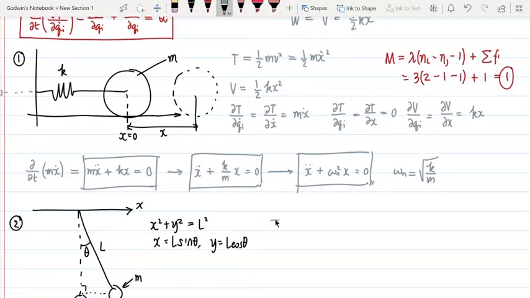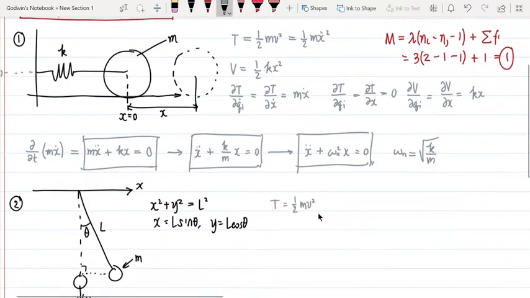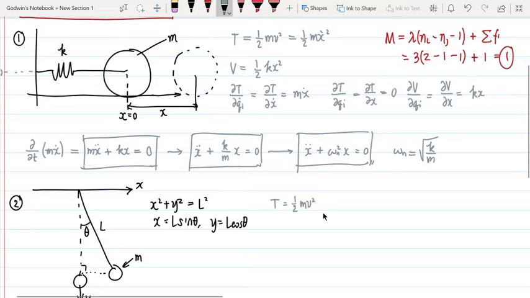So we have T equals 1/2 mv squared, but I just said we're not using positional coordinates, we're using rotational. So what's the rotational analog for this? Of course, it's 1/2 I omega squared. And so omega, of course, angular velocity, you can also translate that to I theta dot squared.